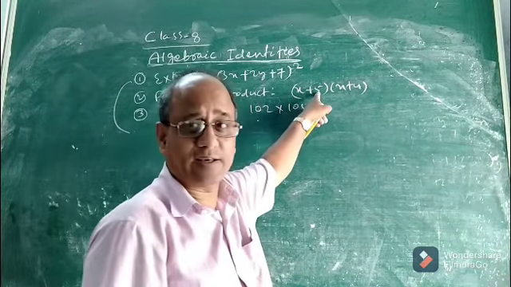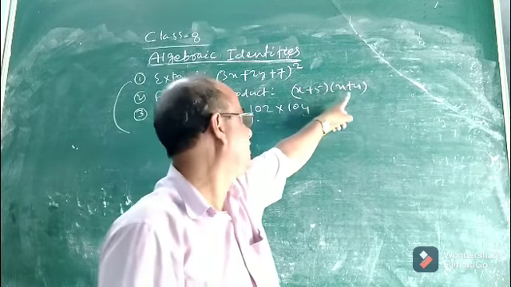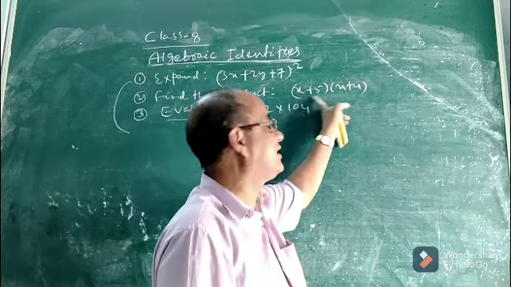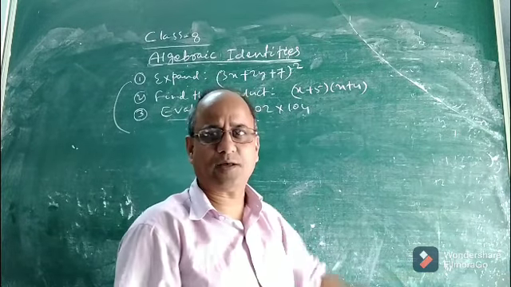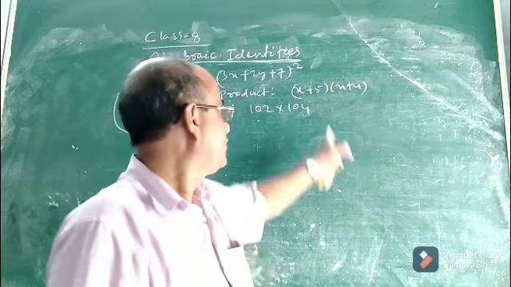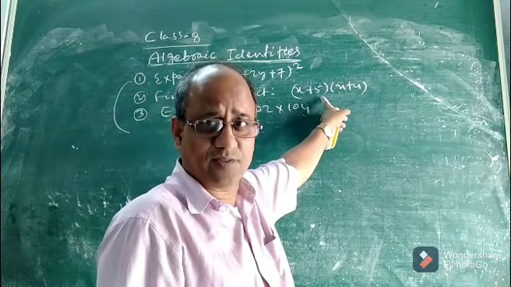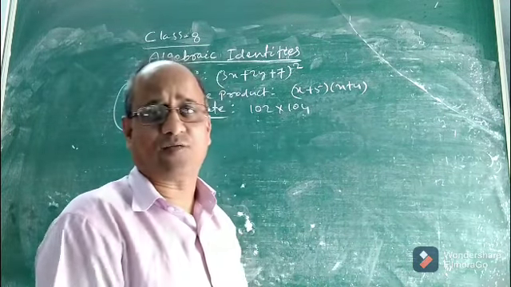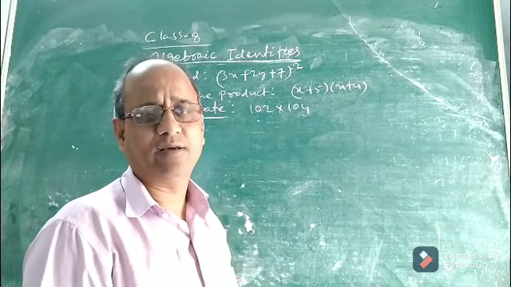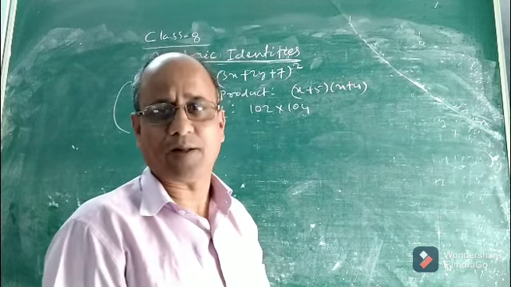Now see, take 5 as a and 4 as b. If you take 5 as a and 4 as b, it is in the form x plus a into x plus b. Since the given expression is in this form, you can easily find the product by applying the formula.